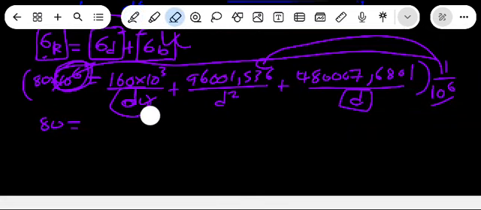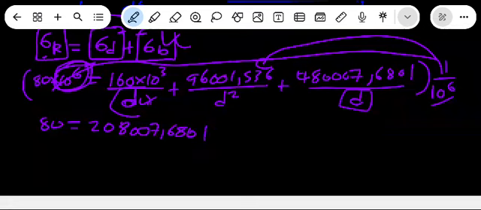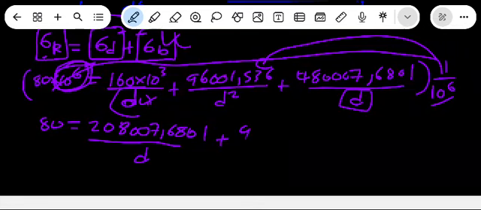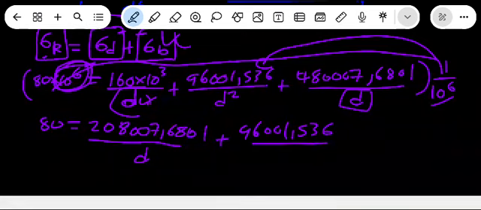If I add those two, I will get 0.20807.6801 divided by d. Alright, plus 96001.536 divided by d squared.